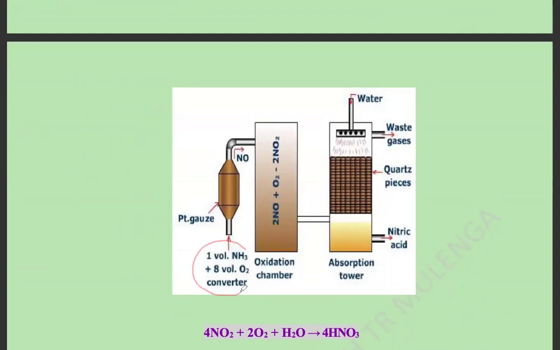We have ammonia and oxygen pumped into the catalytic chamber in the presence of platinum at 800 degrees centigrade. Nitric oxide is formed. After that, the nitric oxide is pumped into the oxidation chamber where oxygen is added, for the full oxidation of nitric oxide to nitrogen dioxide.